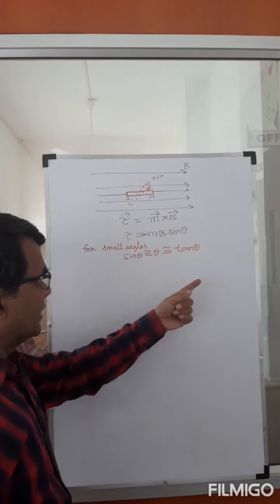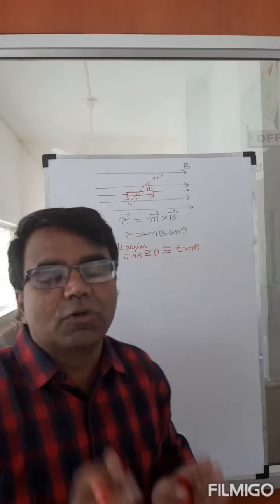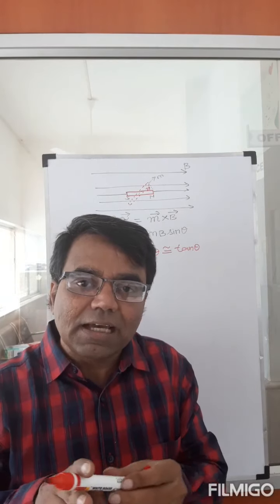But we are not bothered about tan theta here, we have sine theta. So sine theta can be treated as approximately equal to theta if the angle is small.